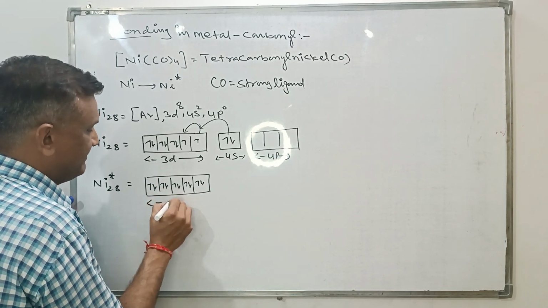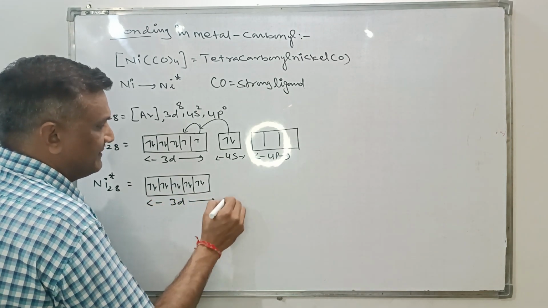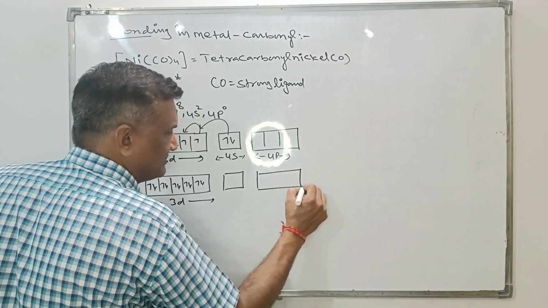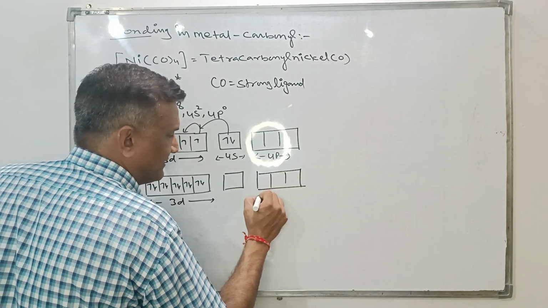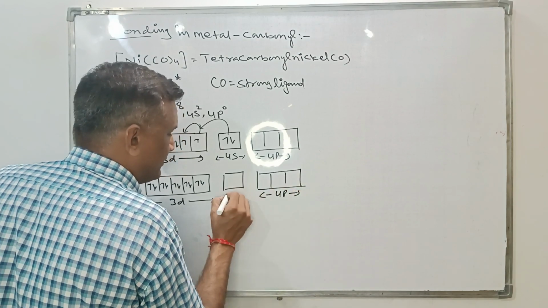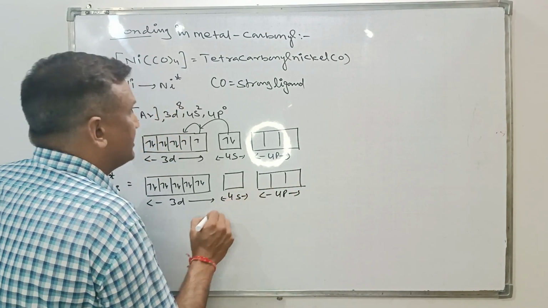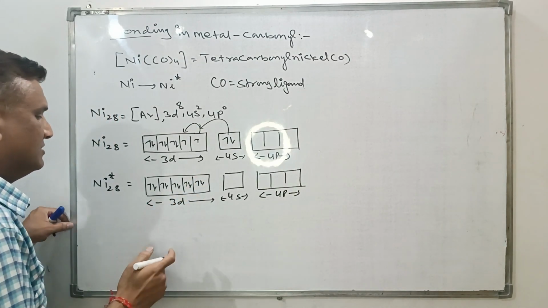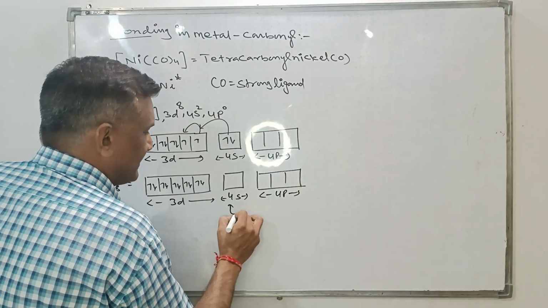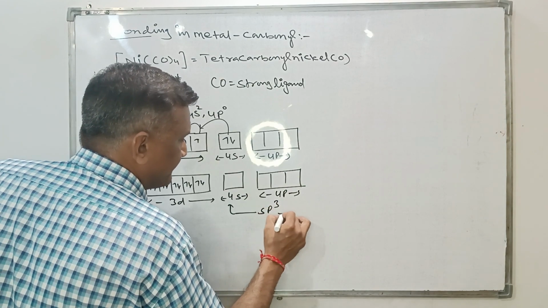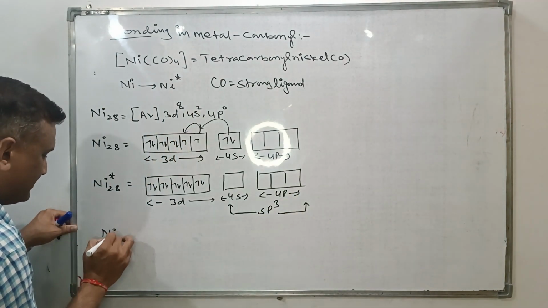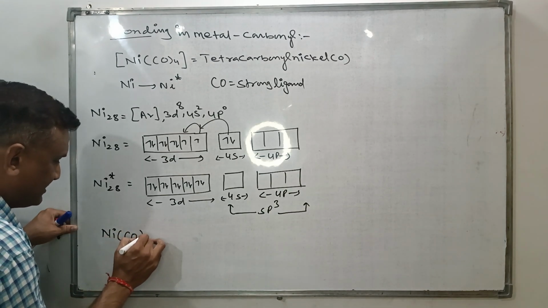As I told you, 3d10, 4s is vacant and 4p is also vacant. According to coordination number, 4 vacant orbitals are required. So hybridization will be sp3 hybridization.